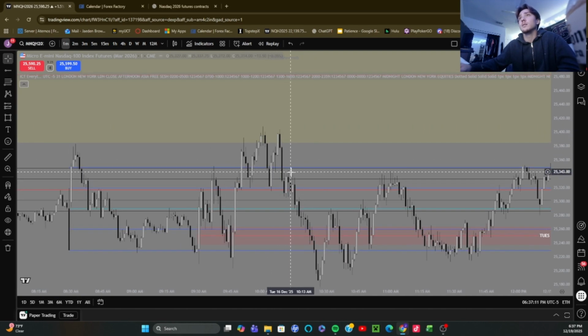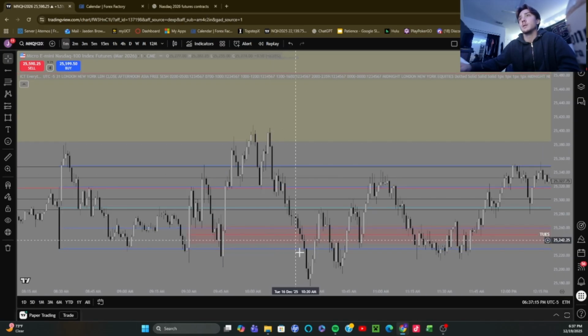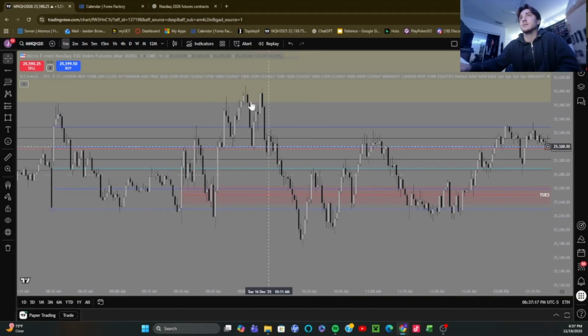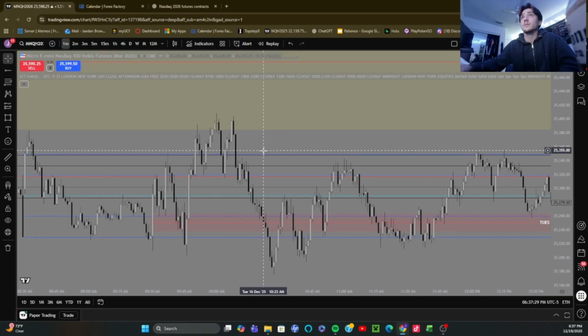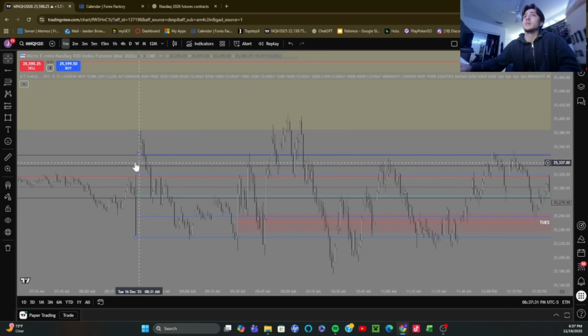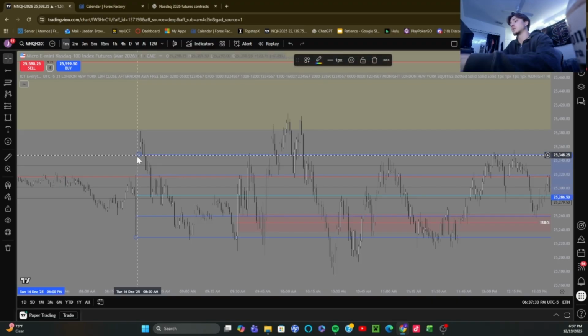Then we run lower, retrace back into this fair value gap, and then we finally have an actual move, and price does what price likes to do: go down, take out these relative lows. That was beautiful. This is a beautiful move. If you waited all the way till 10:12, congrats. That's the move. Yeah, that's Tuesday.